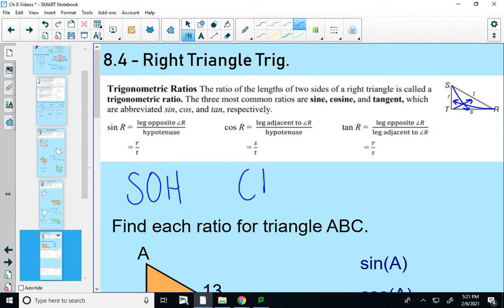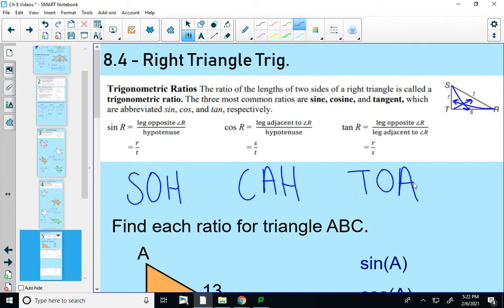Cosine is adjacent over hypotenuse, and tangent is opposite over adjacent. So I just write that across the top of my paper. You might hear me say SOHCAHTOA. That's how I remember how to say these. Again, there are other memory tricks out there, so you might have something else that works for you, but you'll tend to see me write this out quite a bit throughout this chapter.